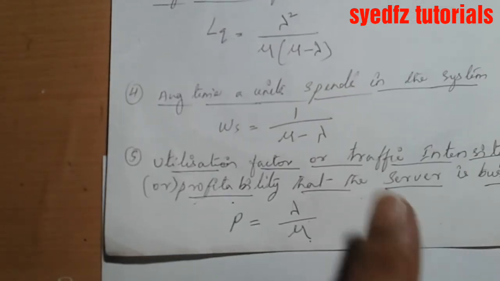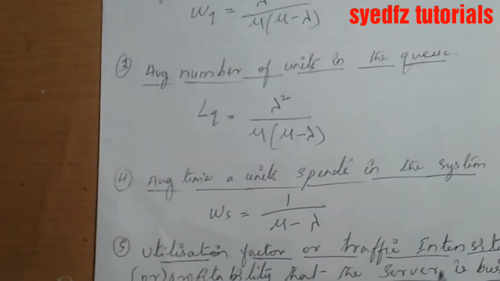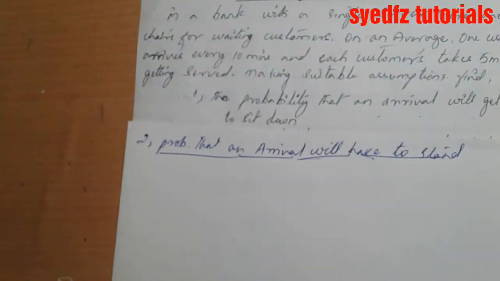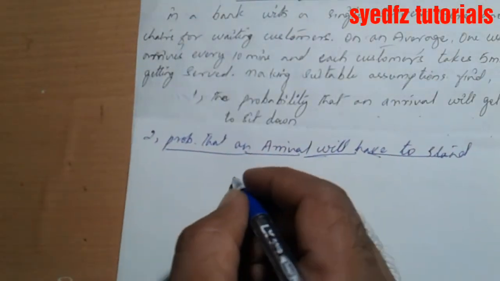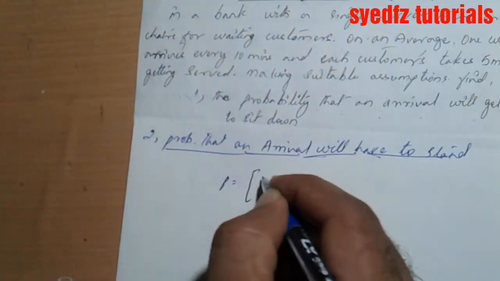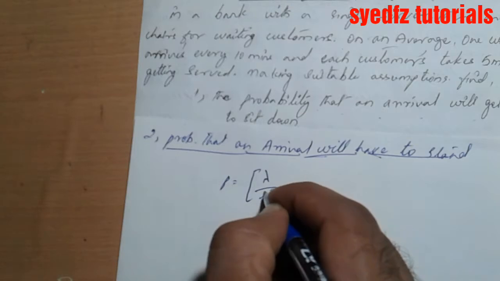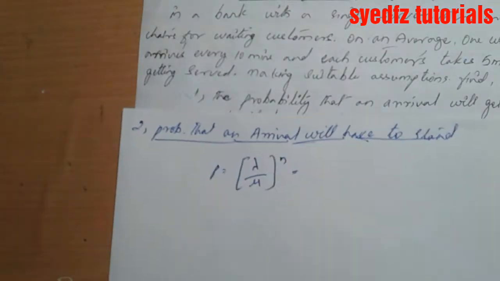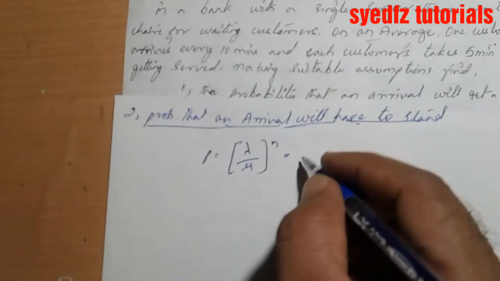Okay, this formula we have to take, and whole to the power of n should be there because it is in probability. So take the formula: P is equal to mean divided by mu whole to the power of n. P means probability, chances.